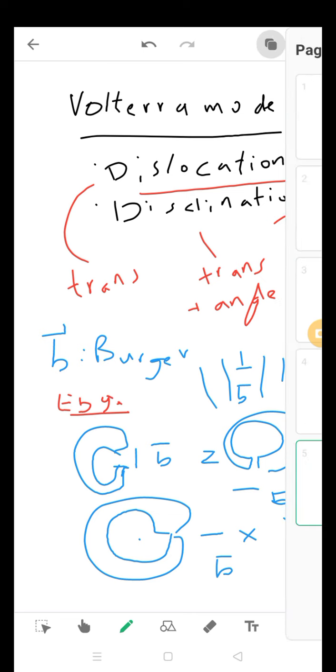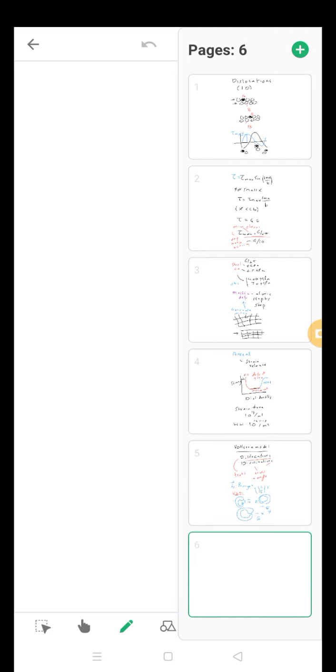Similar to this, we can also have a screw dislocation.